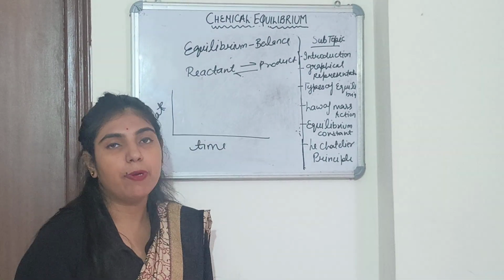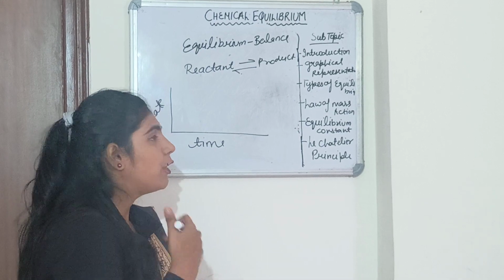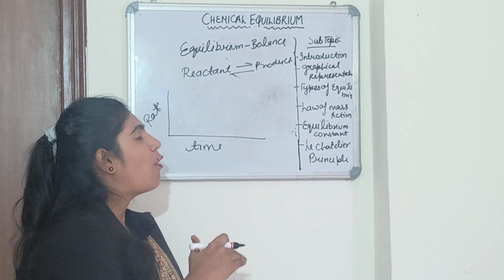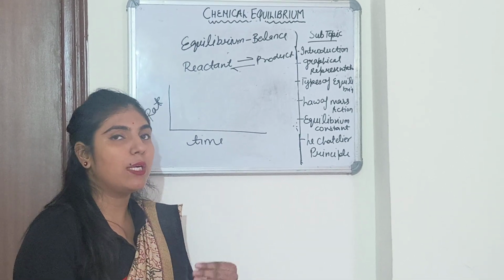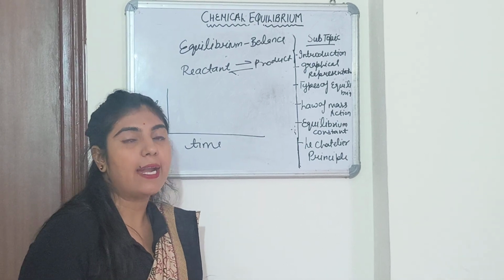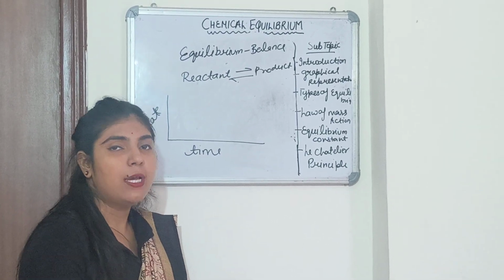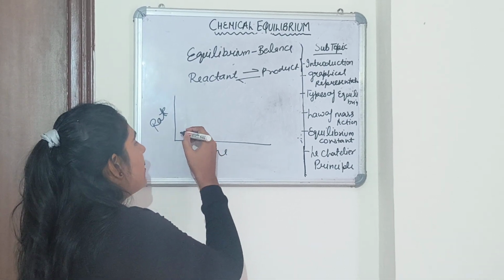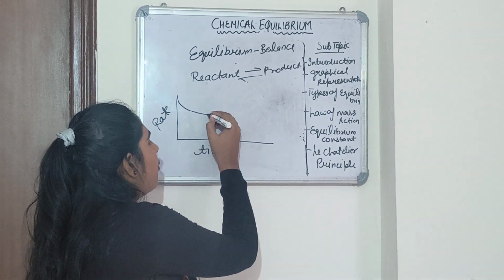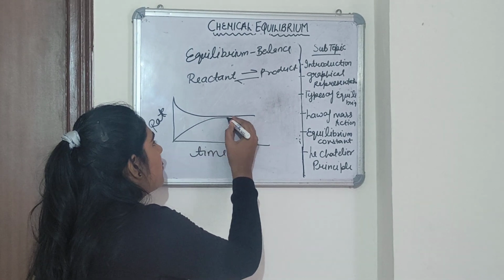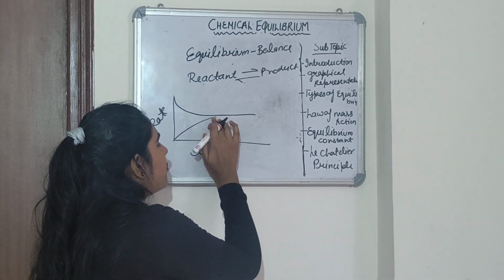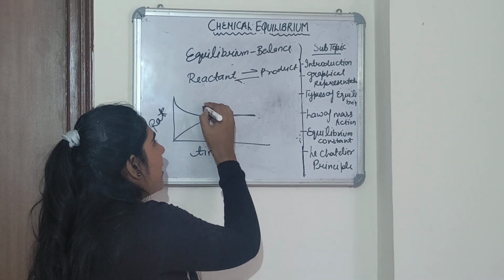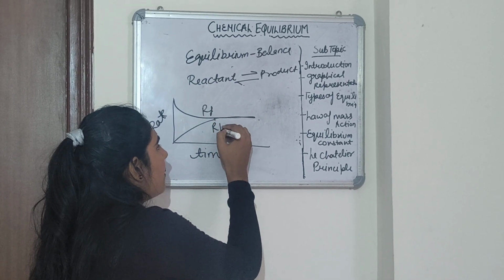If we plot a graph between the rate of reaction and time, the forward reaction, that is the formation of product, becomes equal to the formation of reactant. That is, the rate of forward reaction becomes equal to the rate of backward reaction. So in this case, rate of forward reaction equals rate of backward reaction, RF is equal to RB.